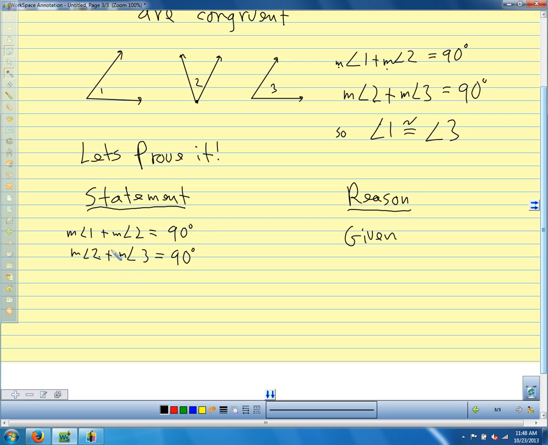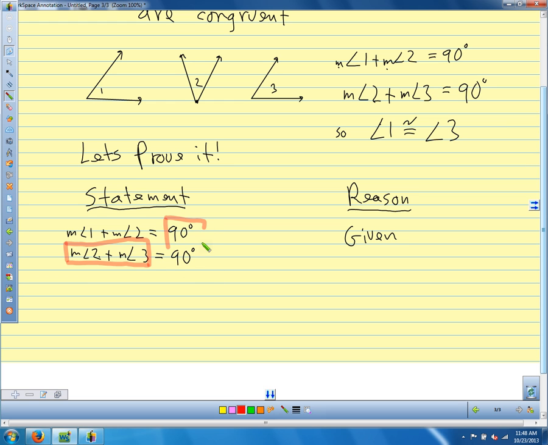So now from what we just said, just like we did before, I'm going to take this. This equals 90 degrees, and I'm going to substitute it right here for that 90 degrees.